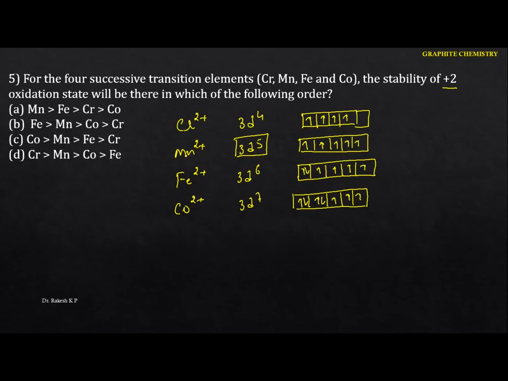Now we have to identify the rest of the cases, especially Fe2+. In Fe2+, go to the d6. After the completely half-filled configuration, the electrons get paired, so it means placing one extra electron.